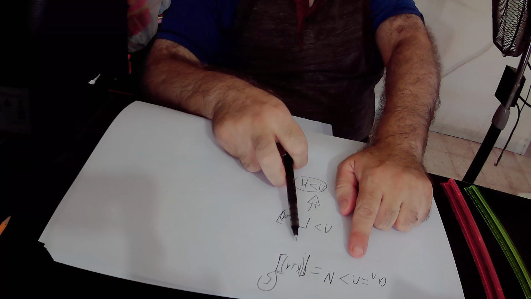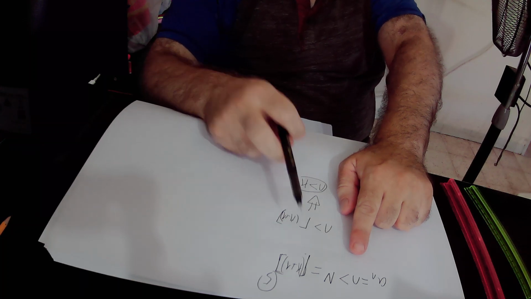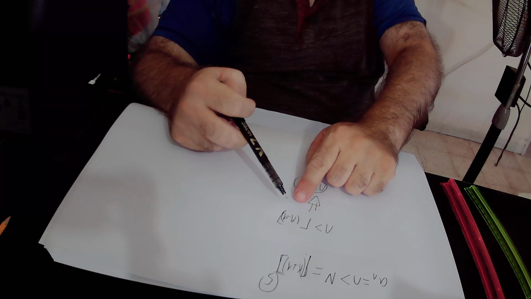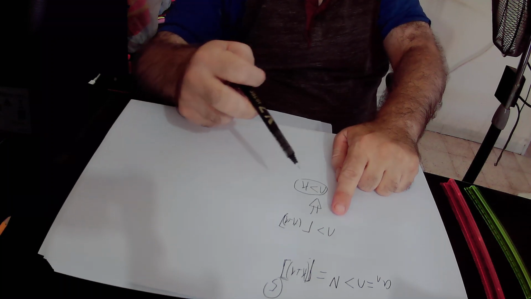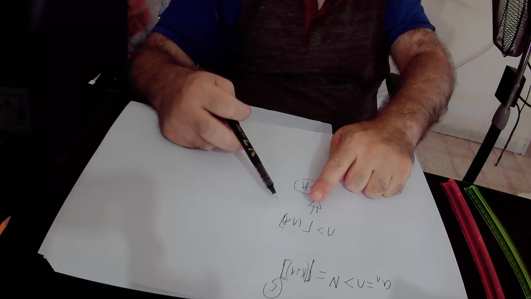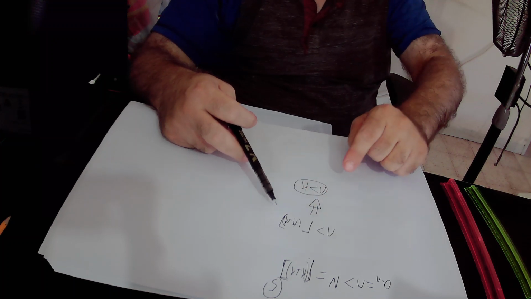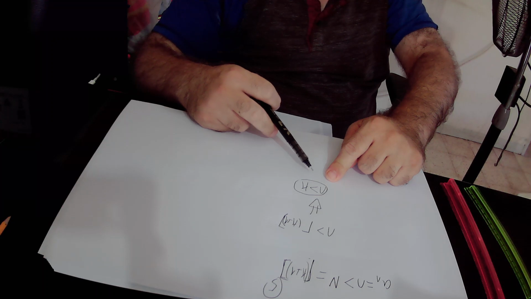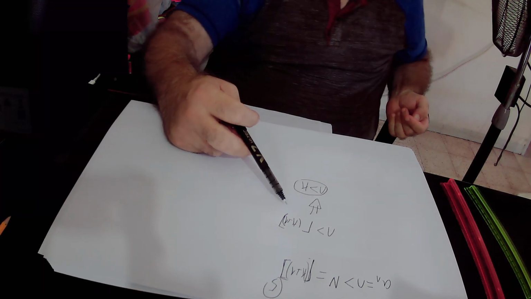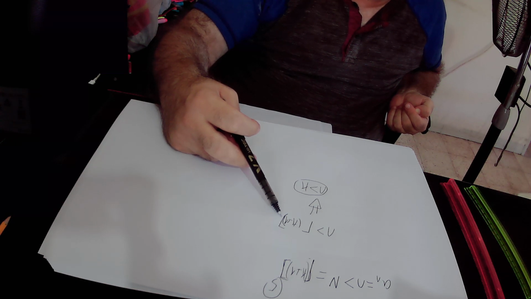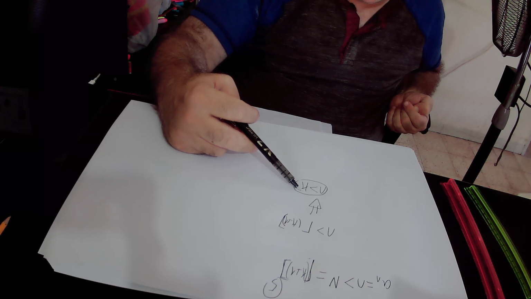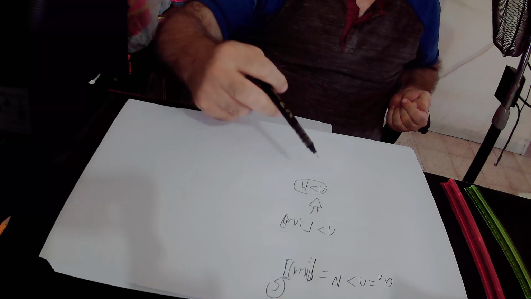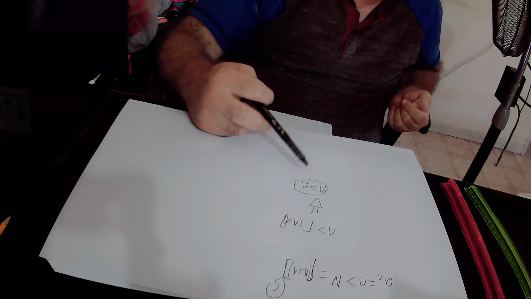That is to say, we know that n is greater than k plus 1 rounded up, and if so, let alone that n is greater than k, because k plus 1 rounded up is greater than k.